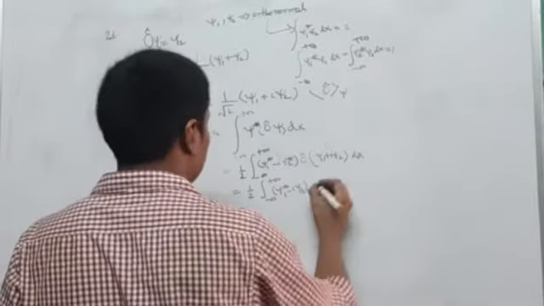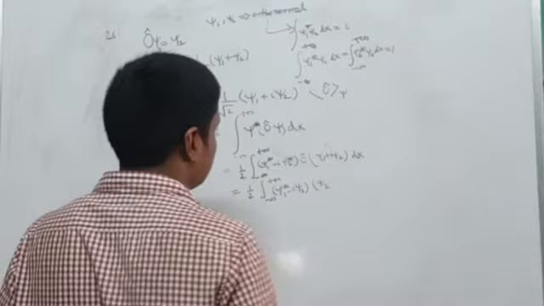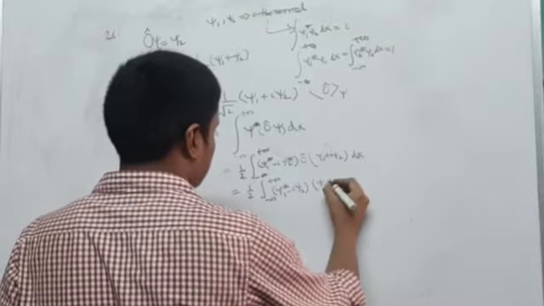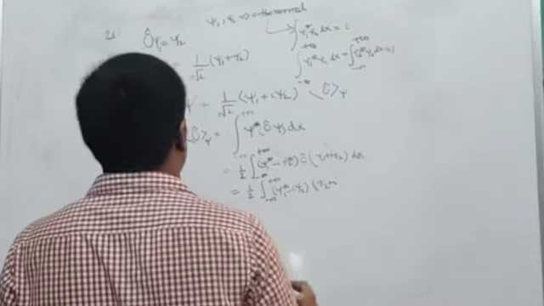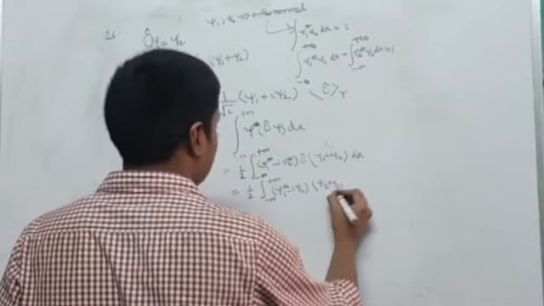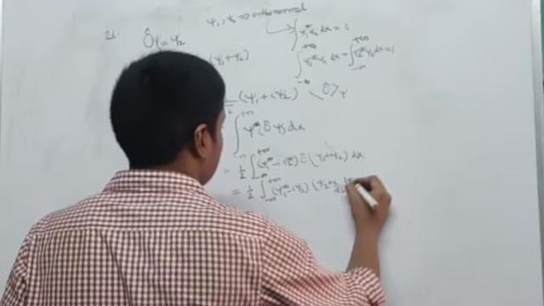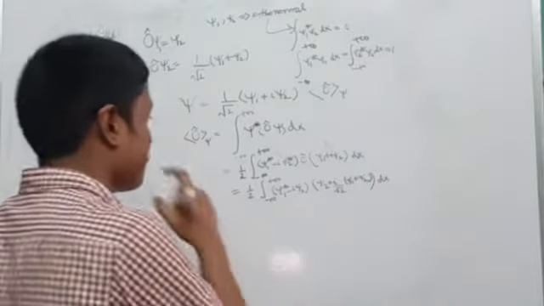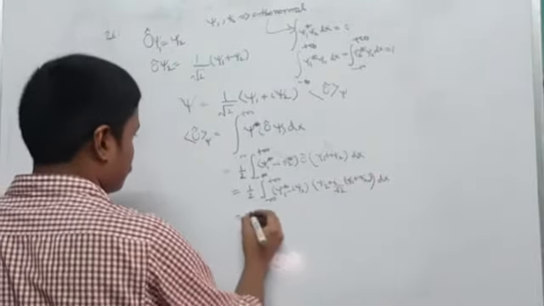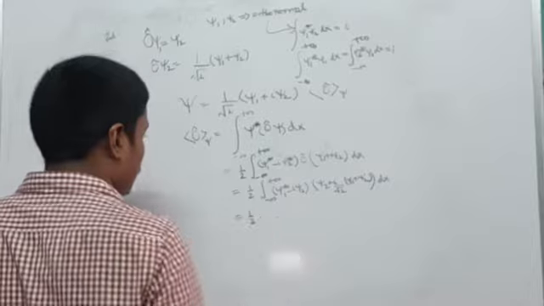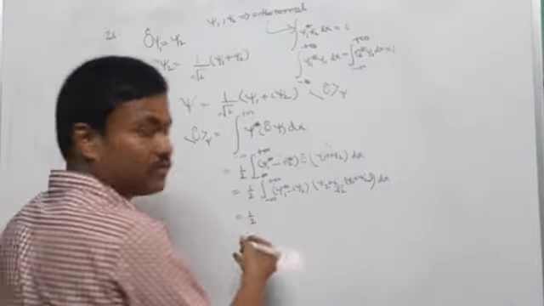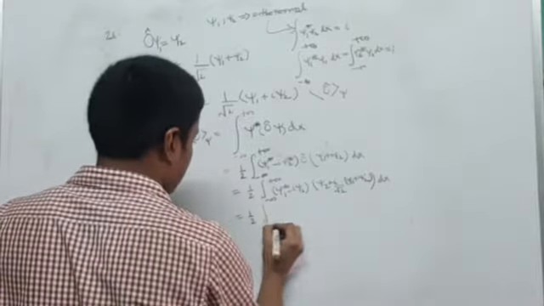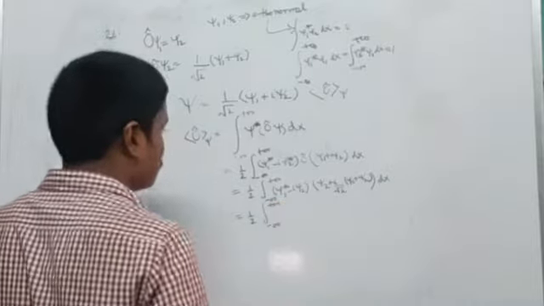We know that O psi 1 gives you psi 2, and O psi 2 gives you another factor of 1 by root 2 times psi 1 plus psi 2 of x. So it's half times integrals.